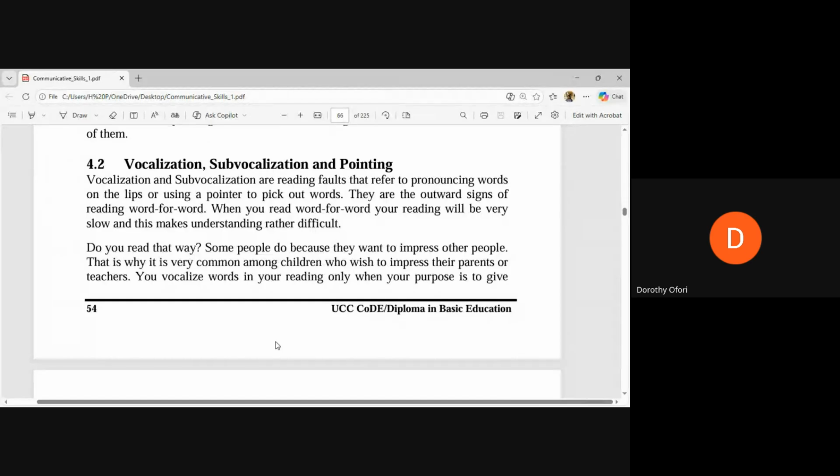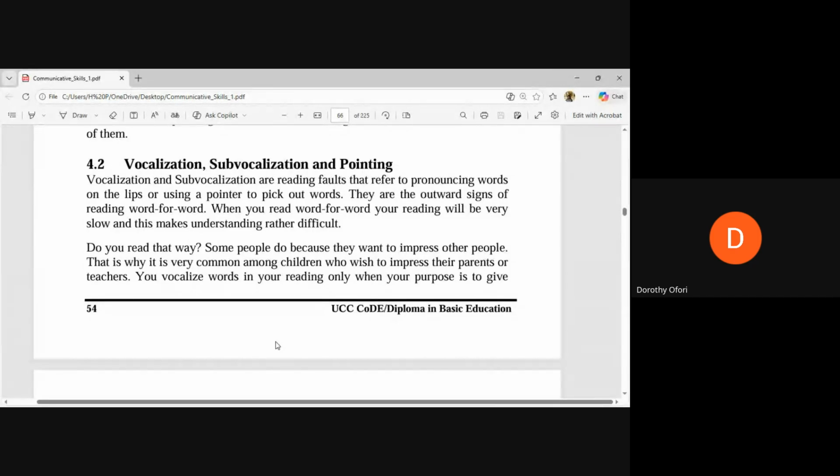We know we want to read fast. We know we want to understand the entire passage. But reading word for word makes you slow. Some people want to be apt in pronouncing everything.